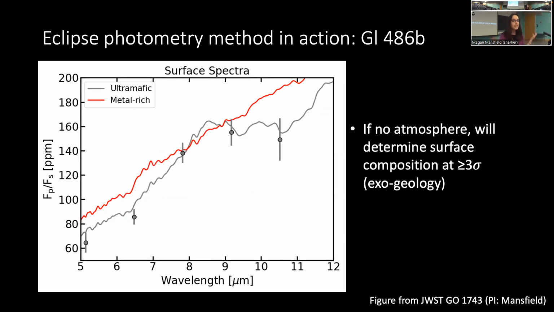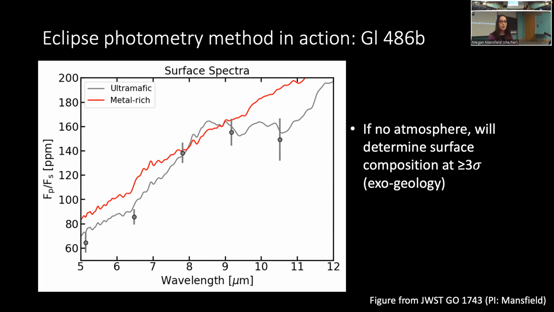And then really excitingly too, since we're observing in secondary eclipse, if there isn't an atmosphere, that isn't just the end of the game, we got a flat line, we go home. If there isn't an atmosphere, then we still get this secondary eclipse spectrum, but what we're seeing then is thermal emission from the surface of the planet itself. So we can again look at this spectrum, but we can look for bumps due to mineralogical features on the surface of the planet.